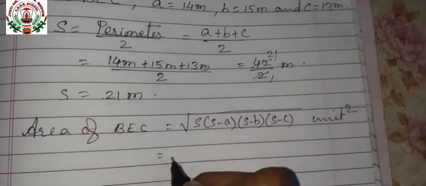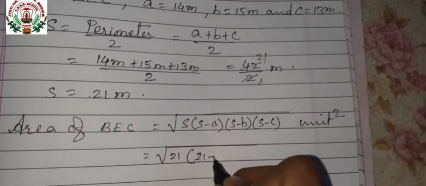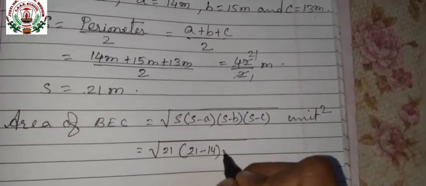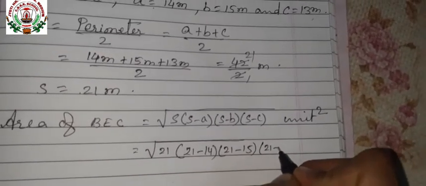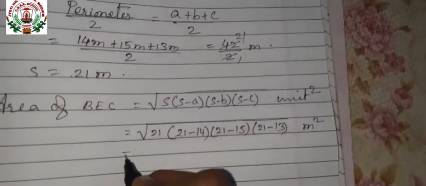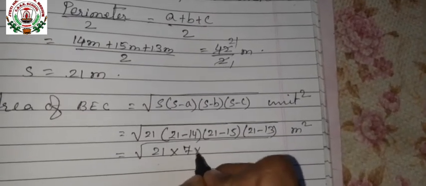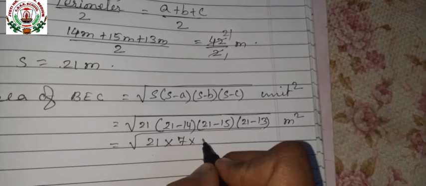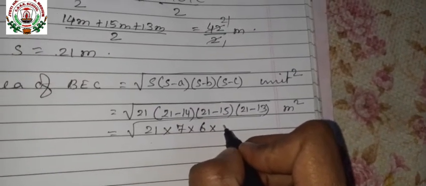Now put the values. 21, now 21 minus 14, 21 minus 15, 21 minus 13, and then meter square, which is equals to, here 21 into 7 into 6 into 8, is it not?